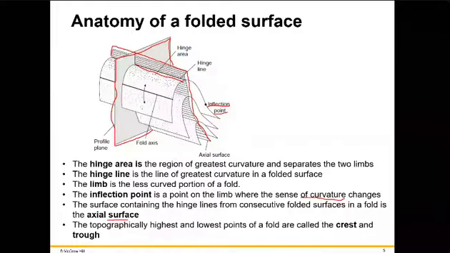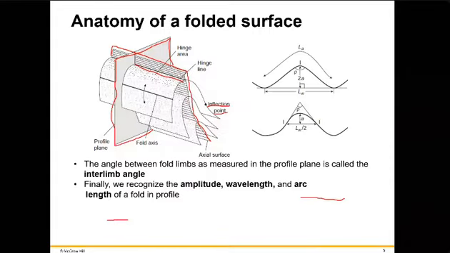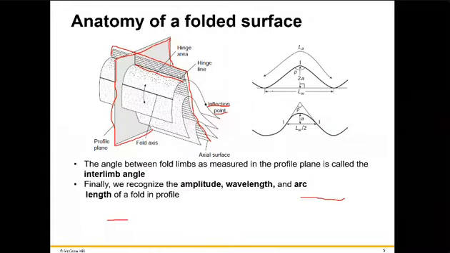So we've talked about axial plane, profile plane, inflection point. We've talked about hinge line, as well as the limb. Other things that you need to be aware of is that a fold has what we call the interlimb angle.